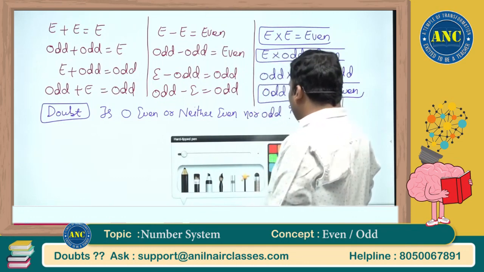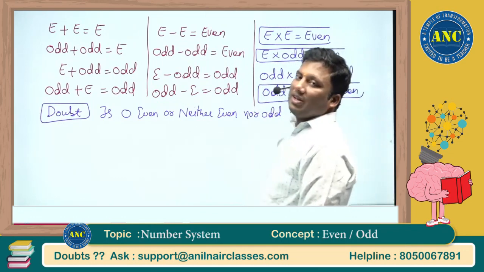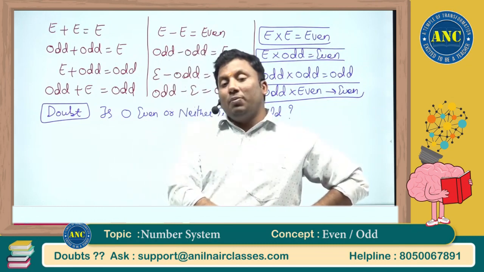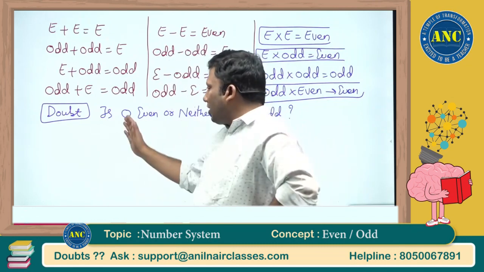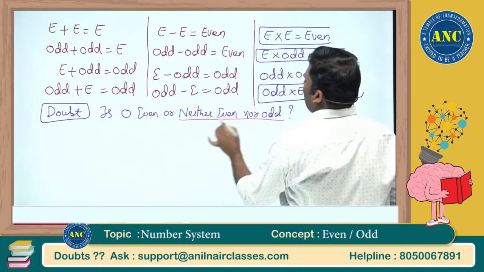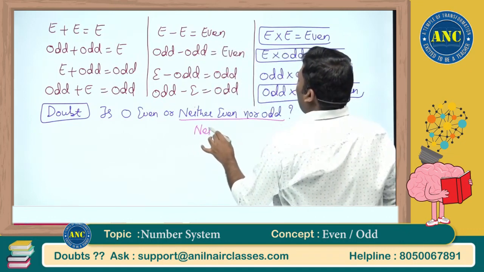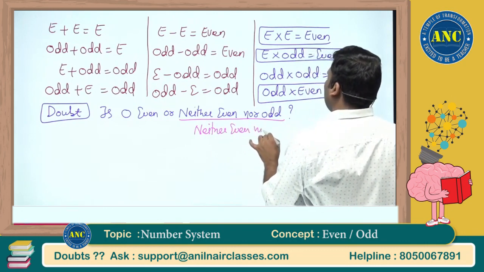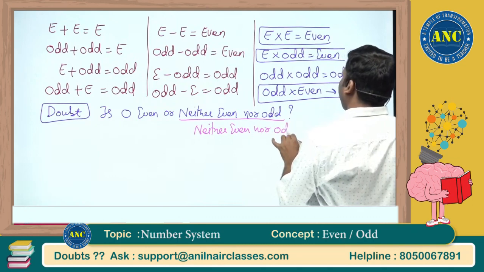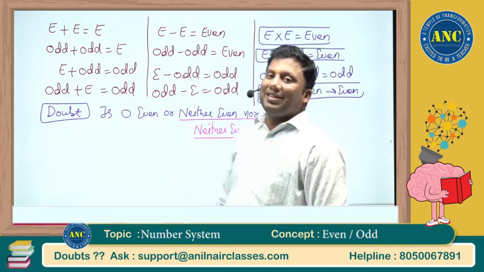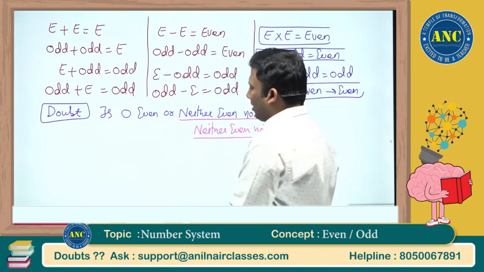First of all, even numbers, I told you, by default number means that number should be a natural number. We are starting from 1. So, most of the textbooks say that it is neither even nor odd. What is the reason that they will give? Reason 1.